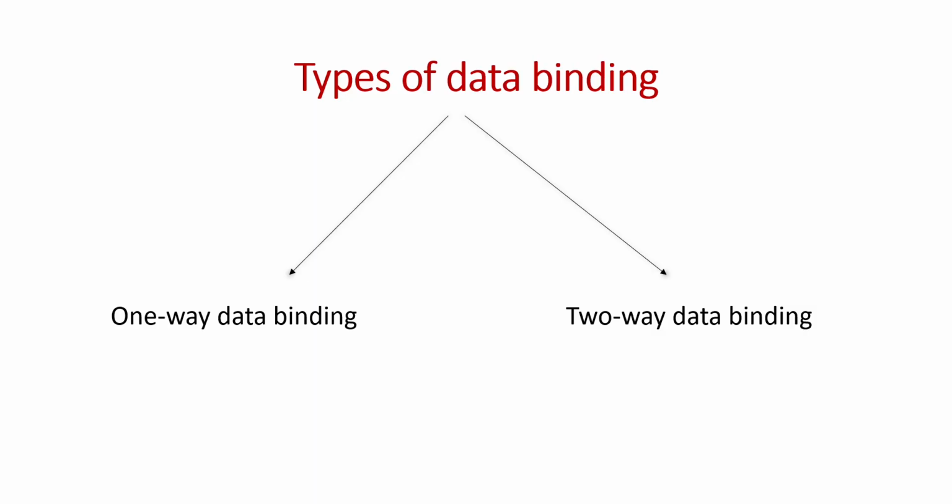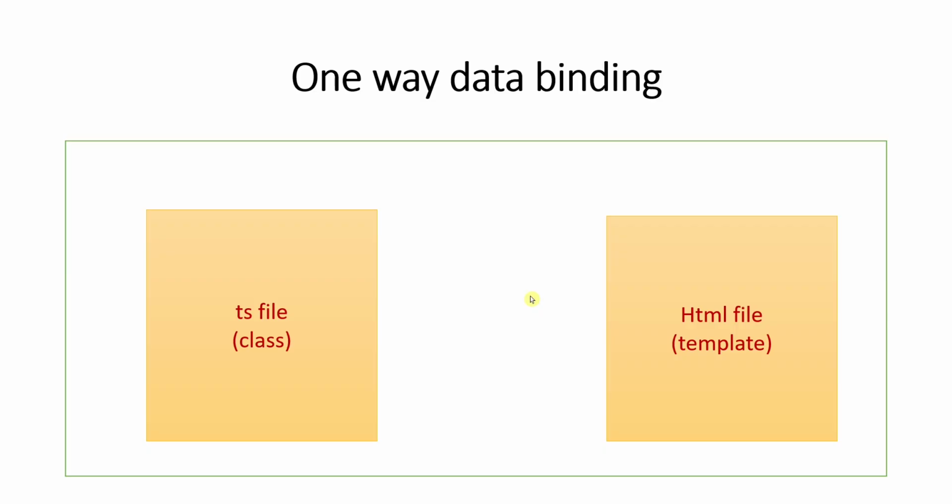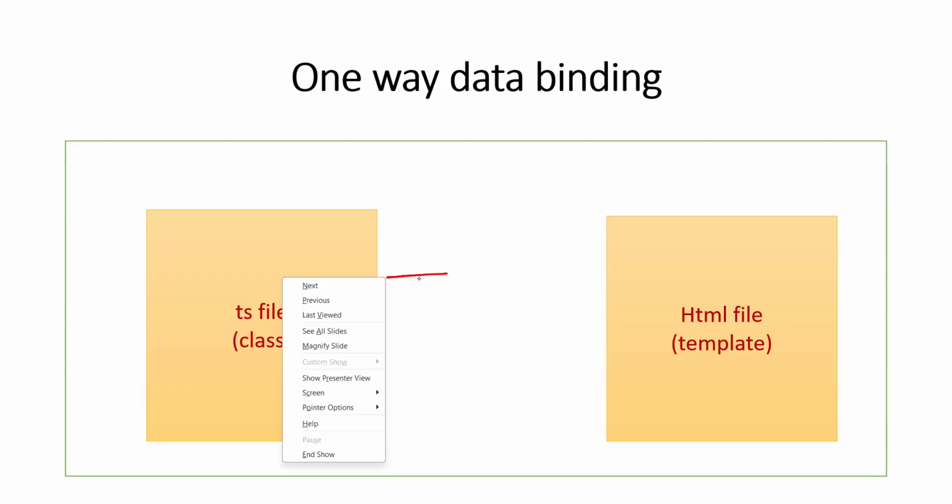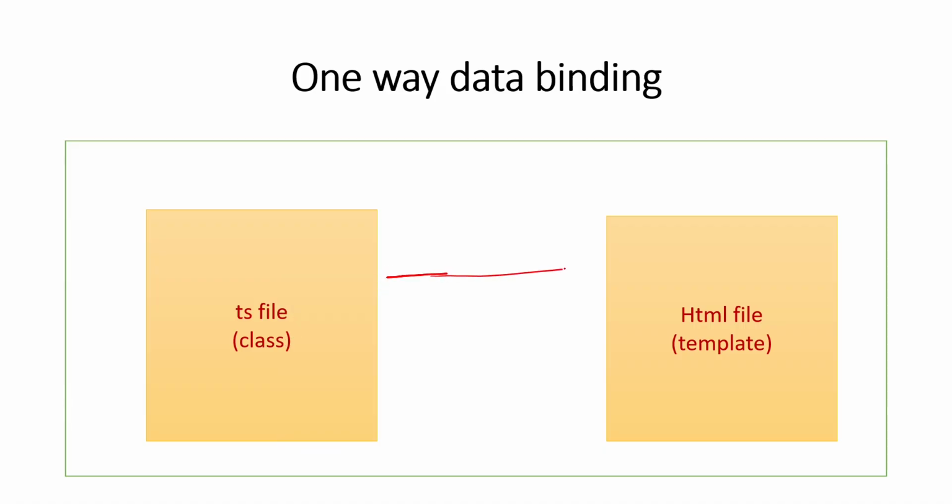So let's talk about one-way data binding. In one-way data binding, either your communication is happening from TypeScript file to your HTML file, or the communication is happening from HTML file to TypeScript file. The important thing here is or.